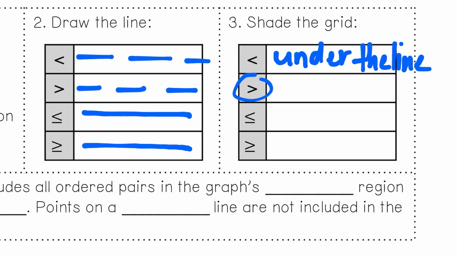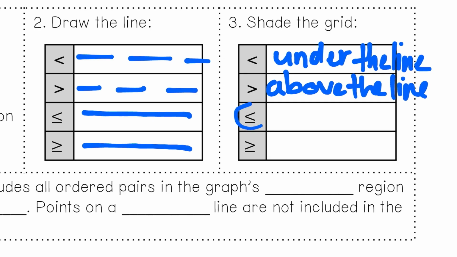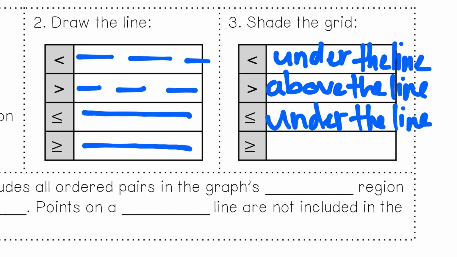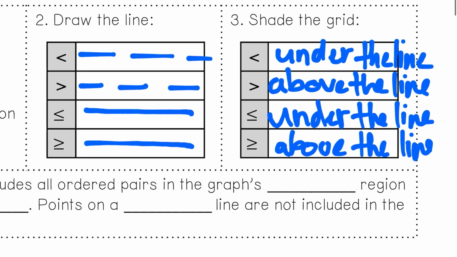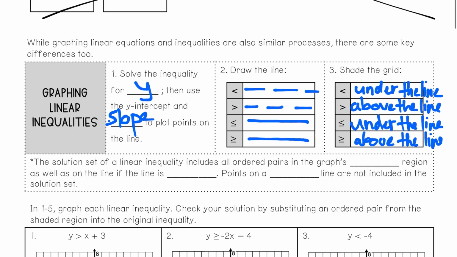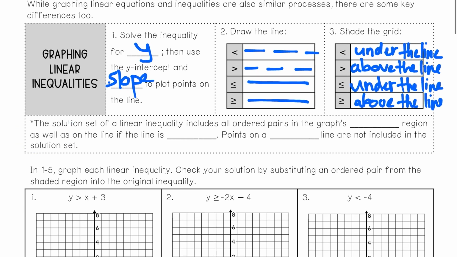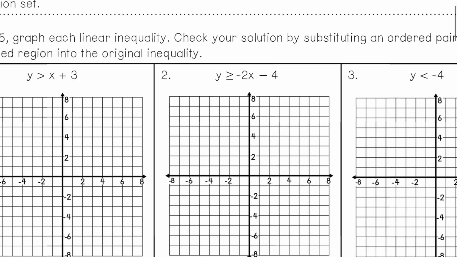If it says greater than, you shade above the line. If it says less than or equal to, it's still under the line. And if it says greater than or equal to, it's above. Okay. We'll come back to this part in a second. Let's ignore it for now.